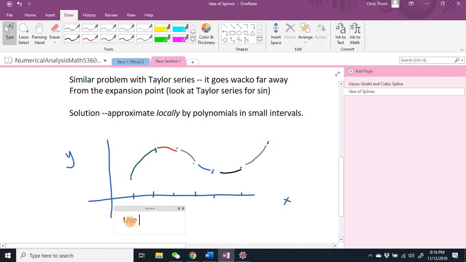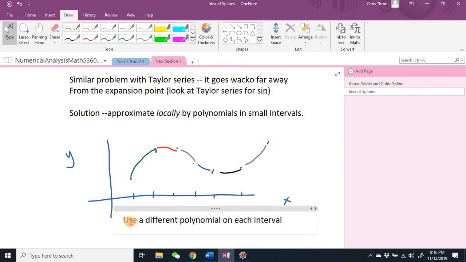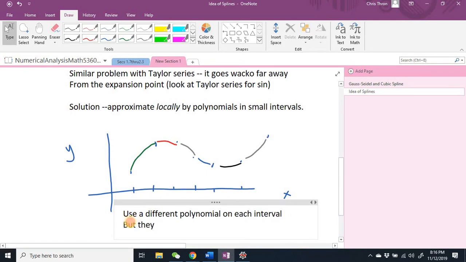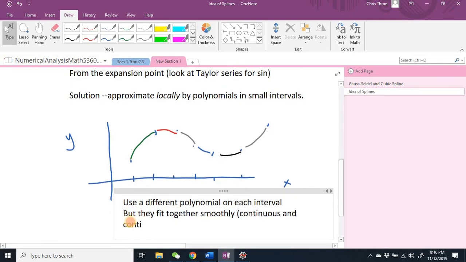So to use a different polynomial on each interval, but they fit together smoothly. And what does smoothly mean? It's continuous and continuous derivative. All right.